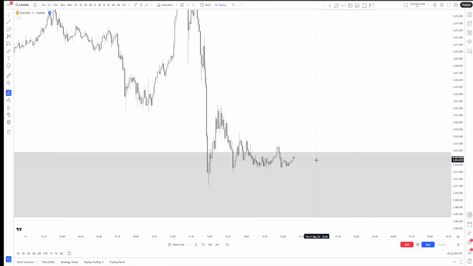So the highest point of this price range is from here to here, and all we are doing is we're waiting for the market's external range to be broken.